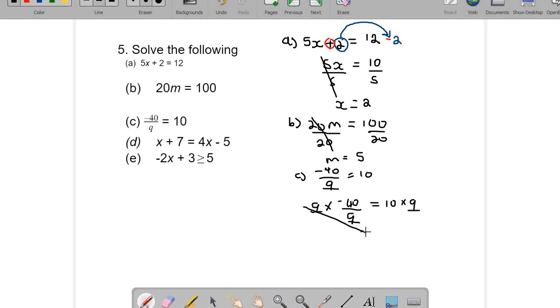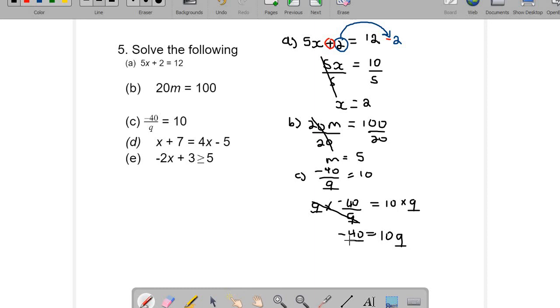Okay, so this cancels, so I'm going to cross that out. It's no longer on this side, and we end up with negative 40 is equal to 10 times q, and we know the coefficient is the number being multiplied by the variable, so we can write this as the coefficient for q. To get rid of a coefficient, we already know what to do.